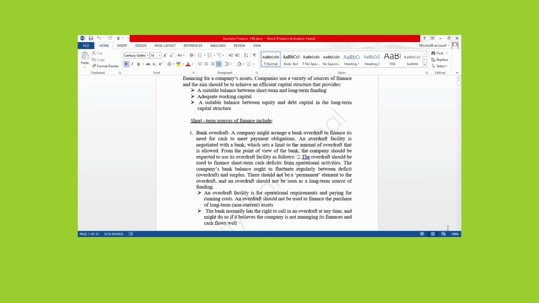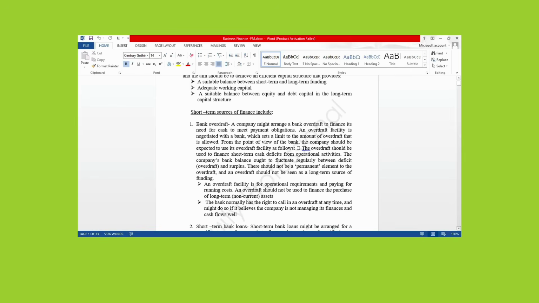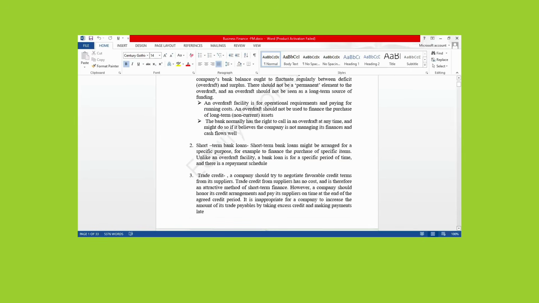Number 2 method, short-term bank loan. A short-term bank loan might be arranged for a specific purpose. A company can arrange a short-term bank loan for a specific business purpose.